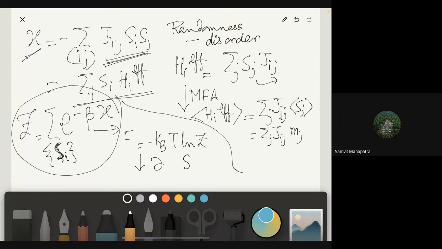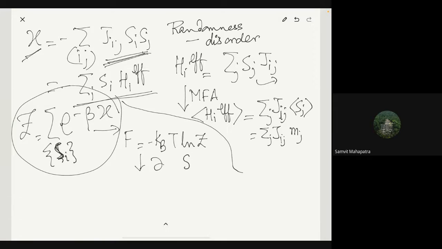Glassy behavior is a term you use whenever you come across a system that shows extremely slow relaxation. So what do I mean by slow relaxation? I told you that when you go to equilibrium, let's say for this model I plot the magnetization as a function of time.